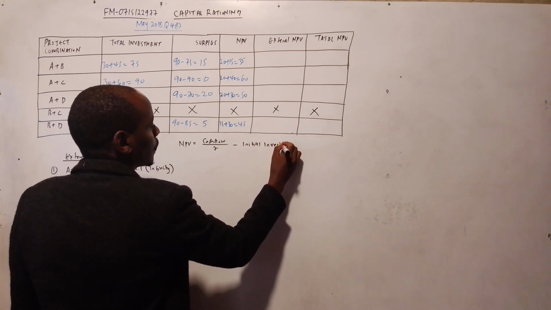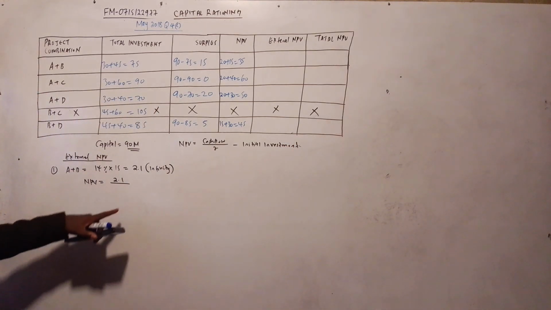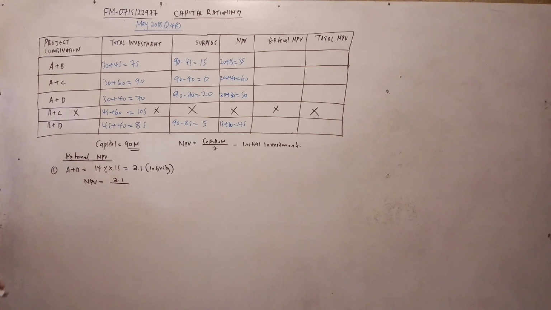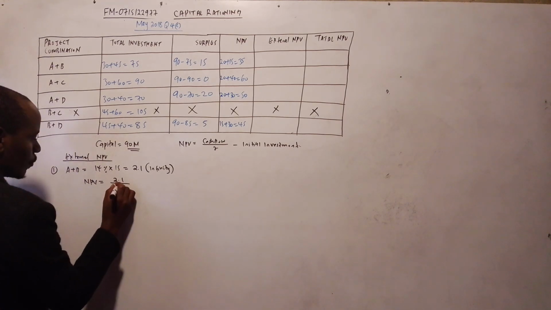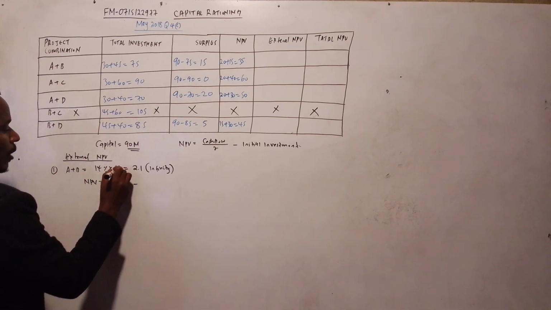Remember that is the formula. Now our cash flow is 2.1, our R is information number 2, 0.1, minus our initial investment, which is 15 shillings. 15. We are done with that one.